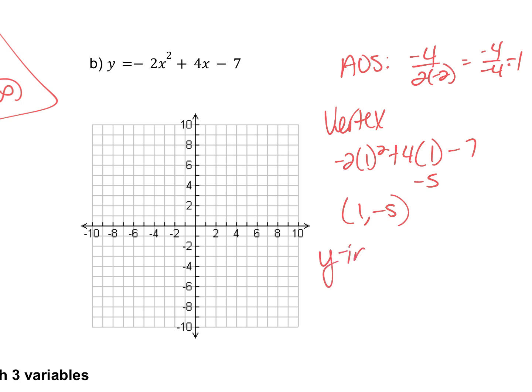Your y-intercept is at (0, negative 7). Let's graph it. Axis of symmetry is at 1. Vertex (1, negative 5). And then (0, negative 7). This is right, I believe. And then graph it.